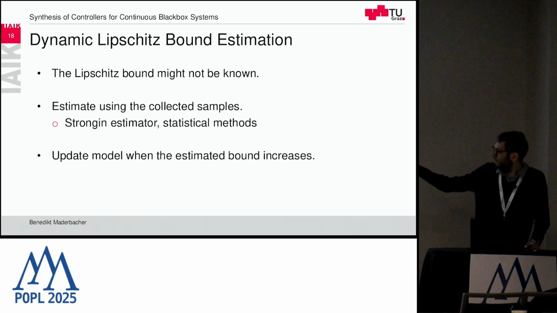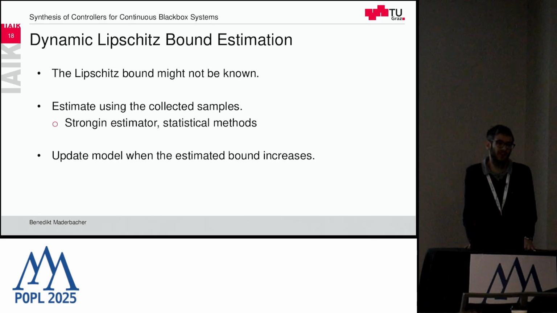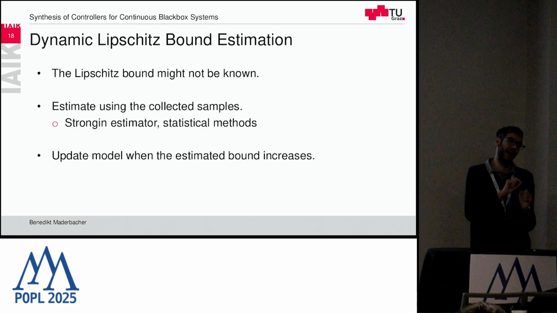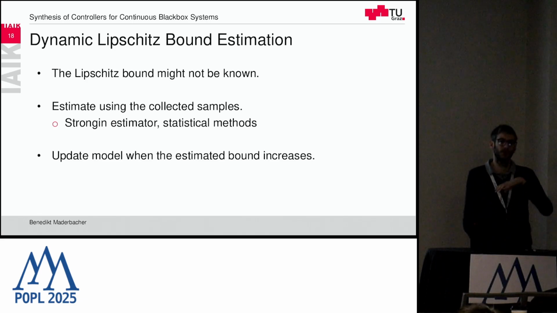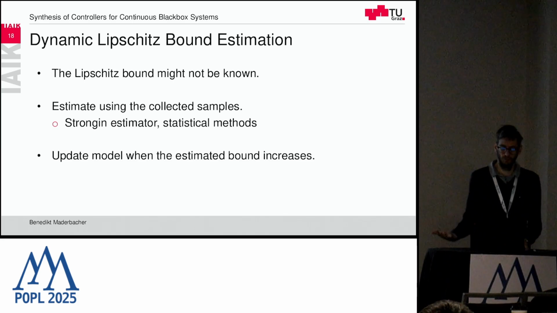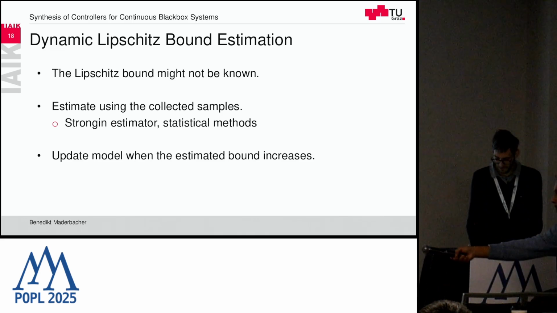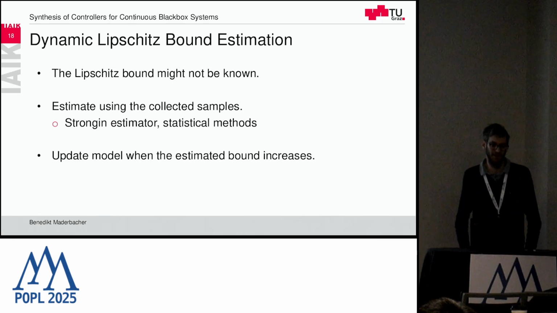So we use a simpler estimator, which just looks at the maximum difference between any 2 existing samples and then adds a safety margin to that. You can use this while computing the model and then just update all the Lipschitz parts with the updated Lipschitz constant.